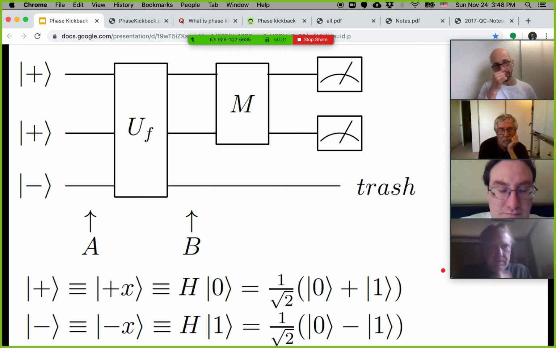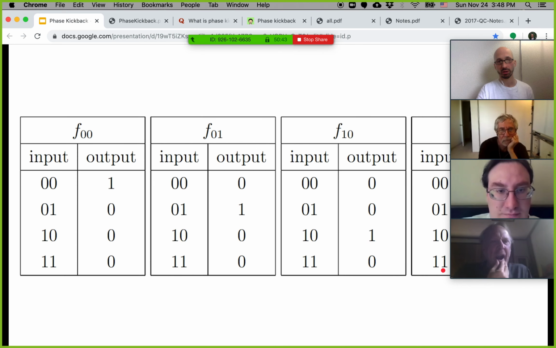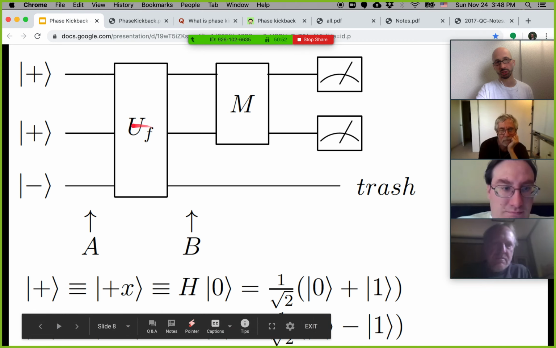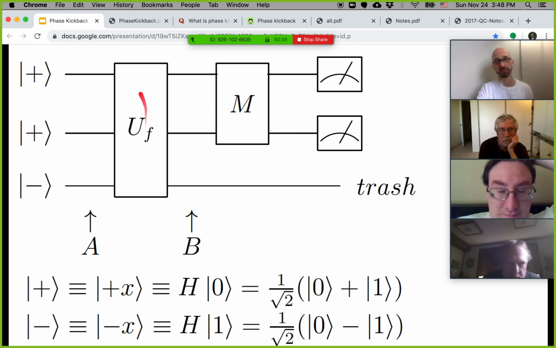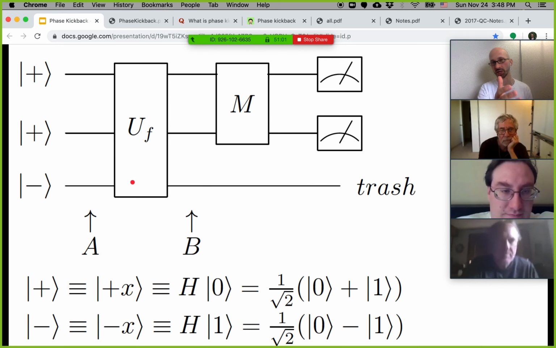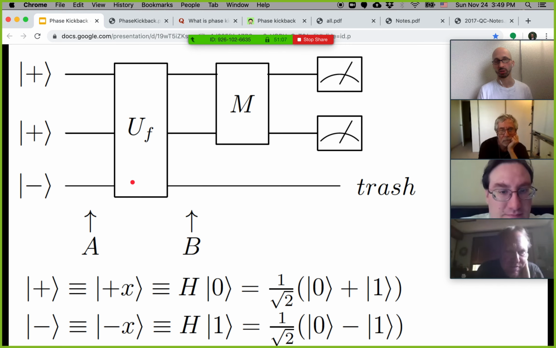Okay, now let's consider this quantum circuit, and this quantum circuit is going to solve our problem. The problem is to determine which of the 4 functions is given to us. So let's say Alice makes this UF, and we'll talk about how to make this one. She makes this for us and just hands it to us, this quantum circuit, and we are not allowed to look inside. All we can do is run this circuit and see what it outputs.